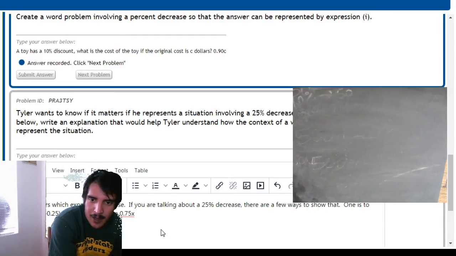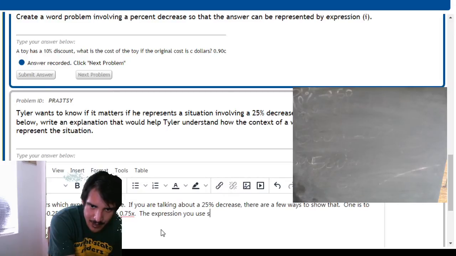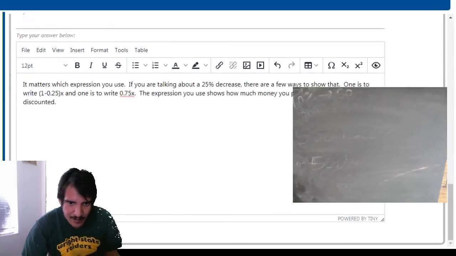But the expression you use shows how much money you pay, not just how much is discounted. Okay, that's all I'm going to write.